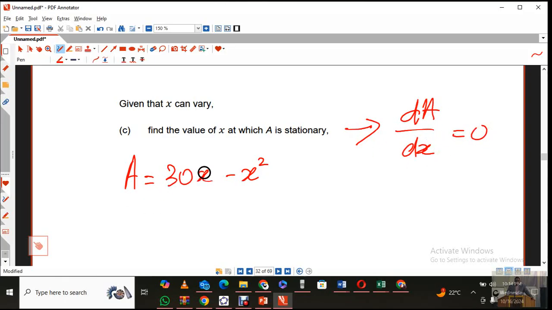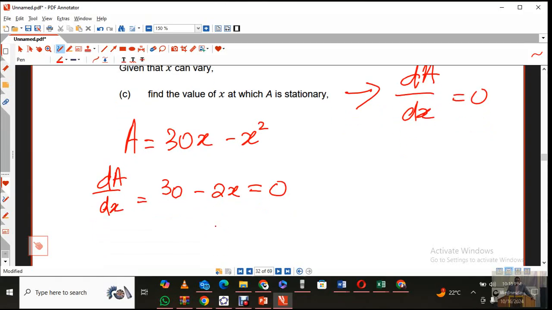So when you do that, it's going to be 30 minus 2x equal to 0. So x is 30 divided by 2, so x is equal to 15.